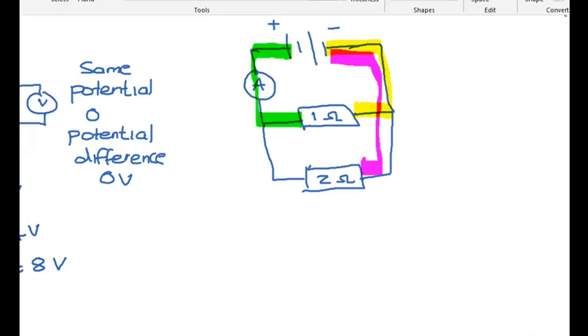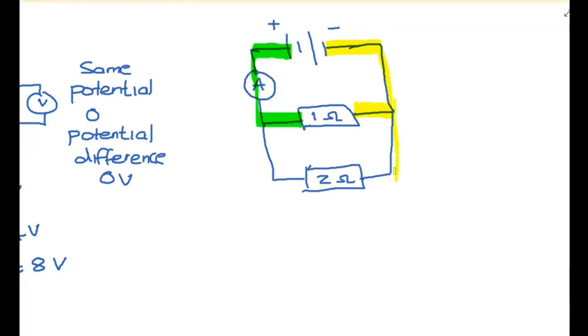But now, if I look, the pink and the yellow are exactly the same line. I've gone through nothing, which means that instead of saying I'm going to make that pink, this is also all yellow. All of these are at the same potential, in terms of no potential difference has been given away, because there's no resistance in the wire. So the other side must also be at exactly the same potential, because it links to the battery again.